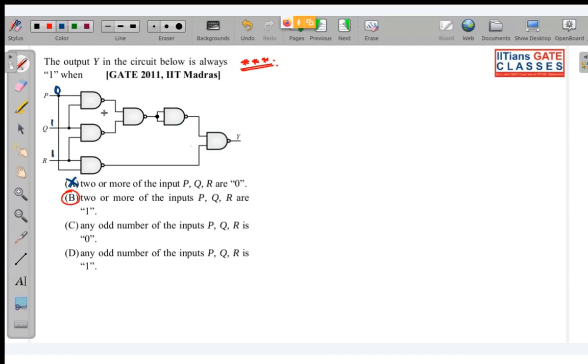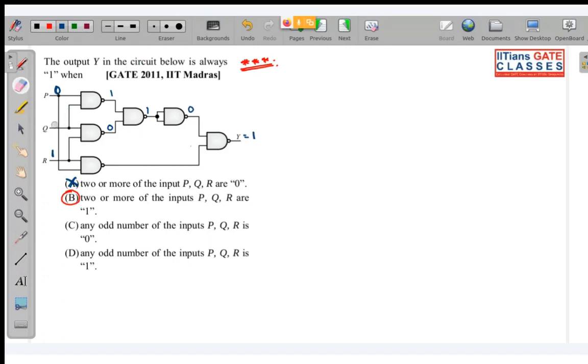If I do that, this will be 1, and over here this is 1 into 1, so this will be 0. So this is 1, again this is 0. And if any one of the inputs of your NAND gate is 0, obviously your output is going to be 1. So any odd number of inputs, if I take one 0, it is satisfying.